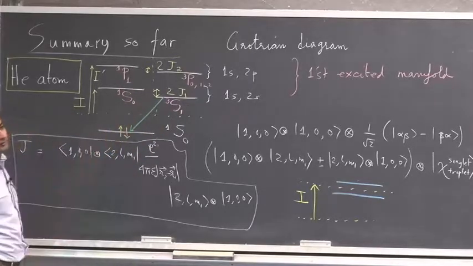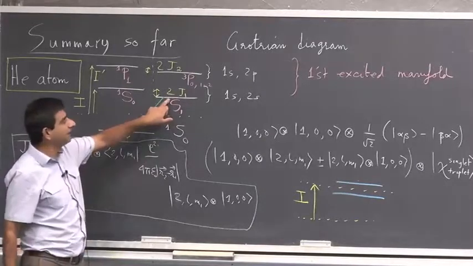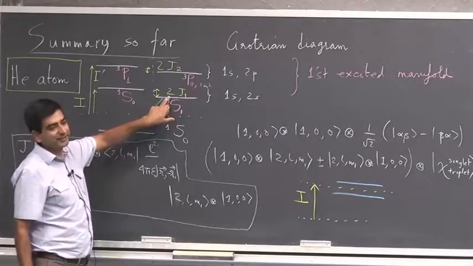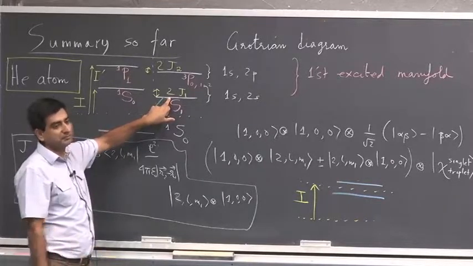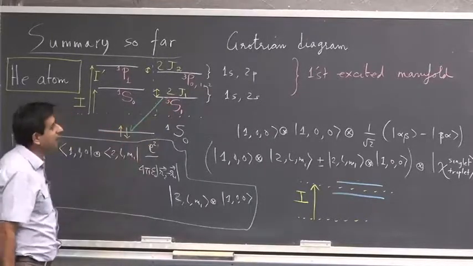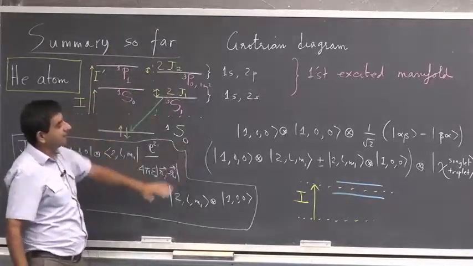This is not allowed. The probability for this happening is really low. Therefore, if you have electrons excited into this state, this is going to be a metastable state. It's going to have a high lifetime. So this is the singlet manifold, this is the triplet manifold.